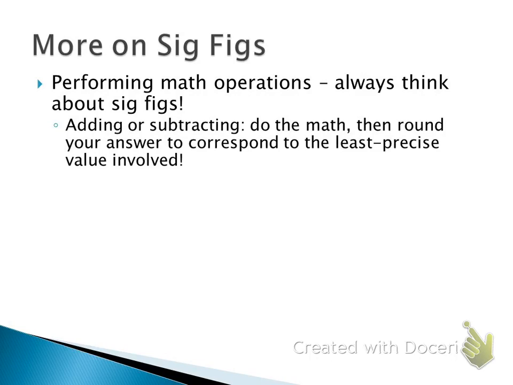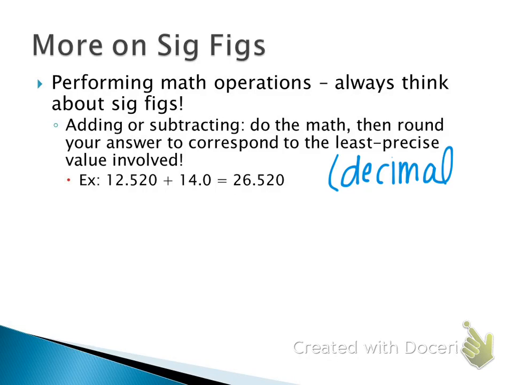Okay? So do the math first, then we're going to round our answer to correspond to the least precise value involved, and that means we're looking at the number of decimal places. Okay? So when we add and subtract, we're looking at decimal places, or decimal points. Okay, so the least precise would mean we're rounding to the smallest number of decimal points.